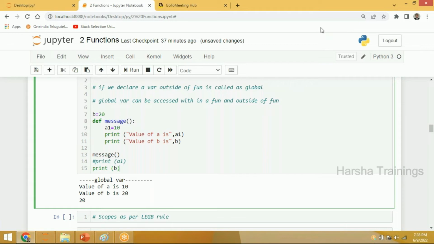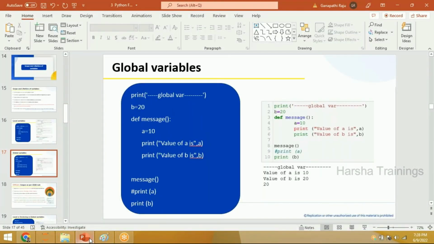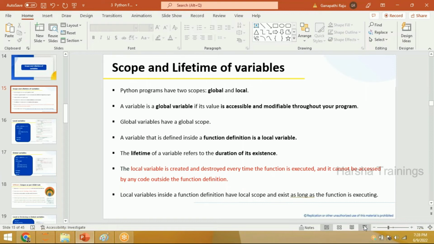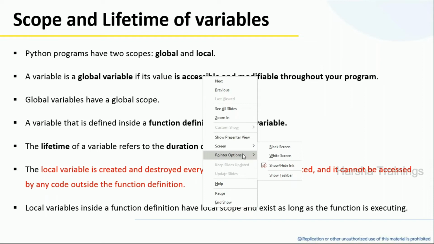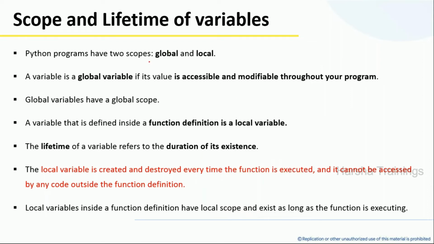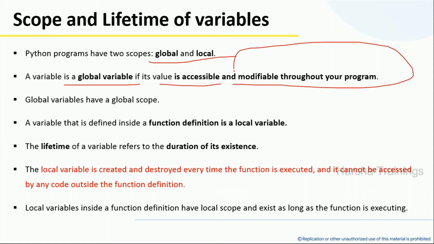Now I'm going a little bit down to discuss the theory part, please. Python programs have two scopes. One is global and another is local. A variable is global if its value is accessible and modifiable throughout the program. Global variables have global scope.